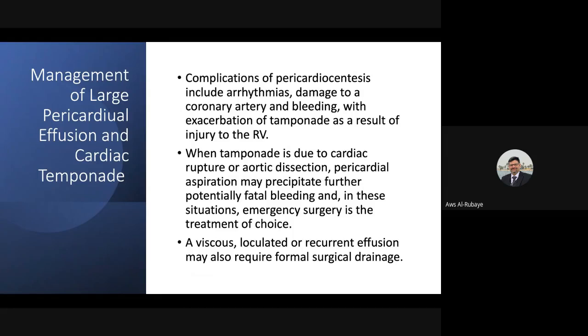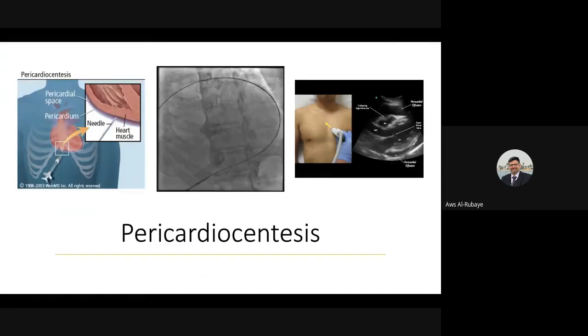In certain cases, there is viscous, loculated, or recurrent effusion, and this may require formal surgical drainage. This is a picture of the procedure of pericardiocentesis. This is the left costal cartilage.